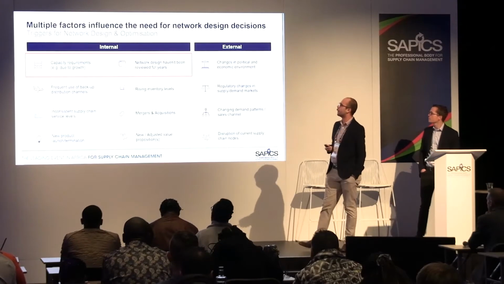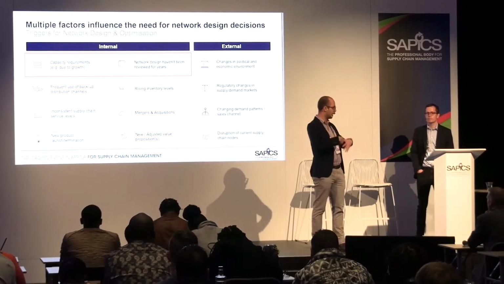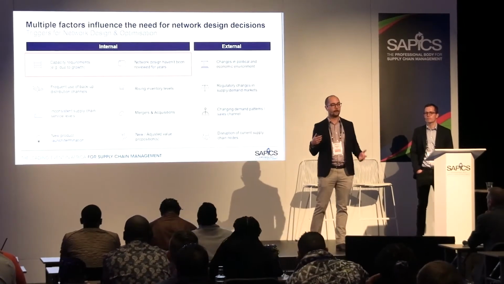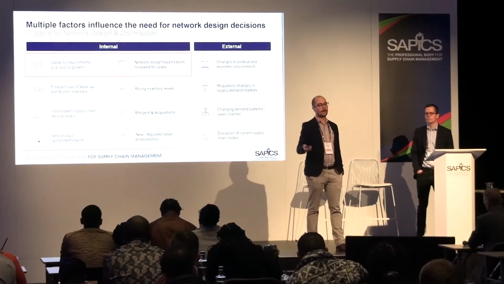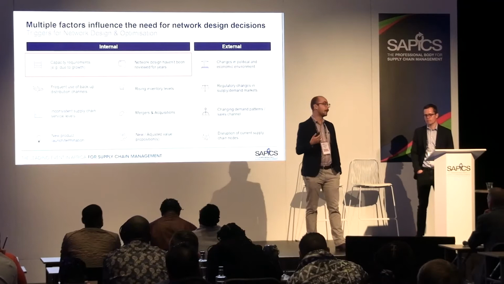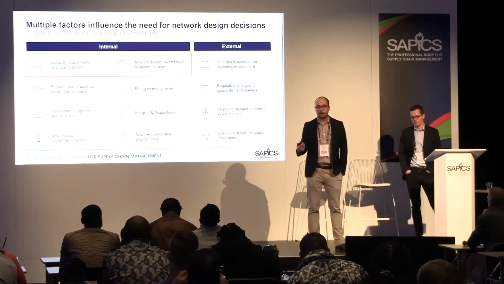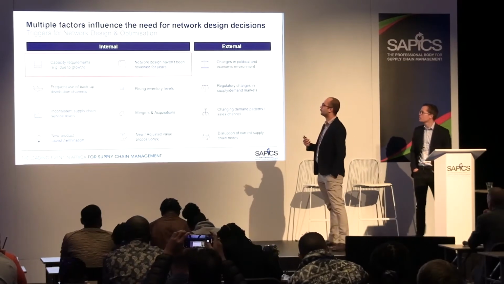So capacity requirements would be a common one. You start off as a small business, you get to the sort of size where you have one warehouse, and as you rapidly grow, you want to add additional warehouses, and the question then becomes, where do you add those warehouses, and how big should they be? And that's a typical capacity requirement question that leads to a network design.